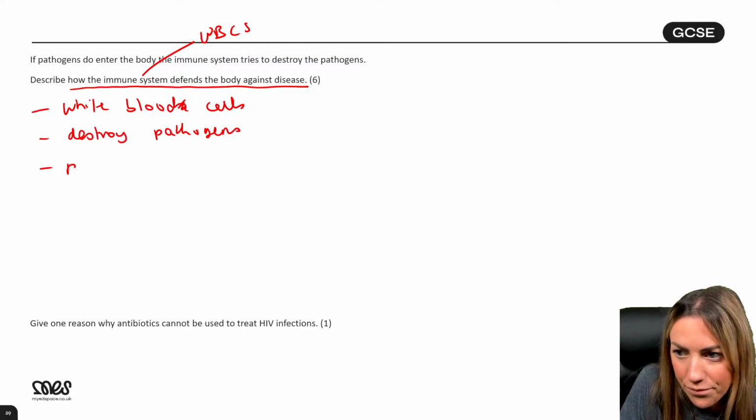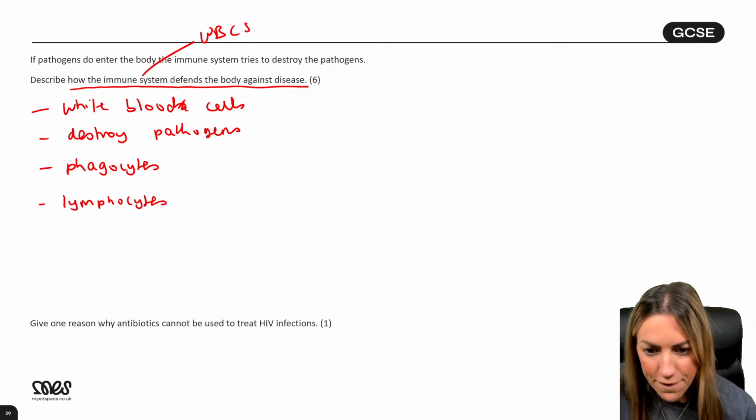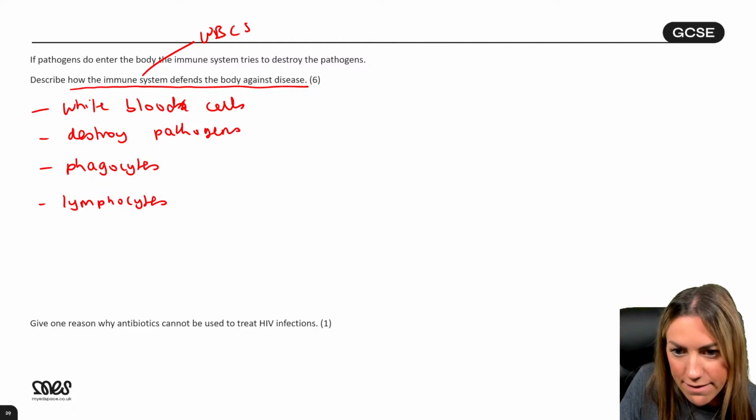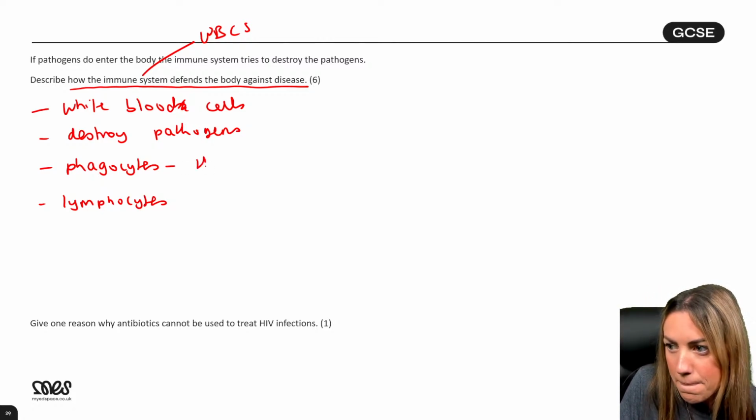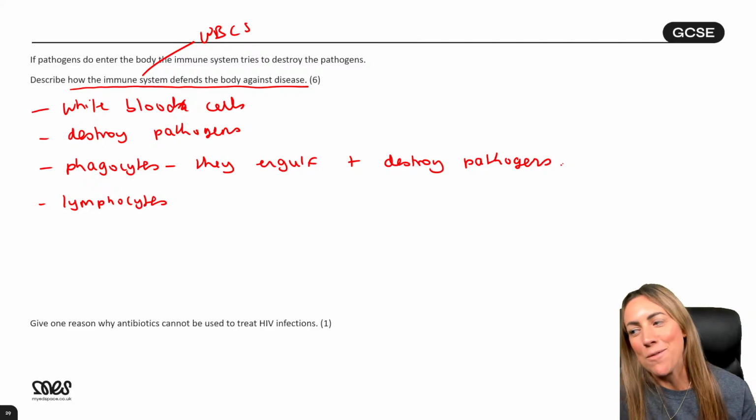Let's go through. Let's split this now into different types of white blood cell. What do phagocytes do? Don't say they eat. Please, no. They don't eat the pathogens.